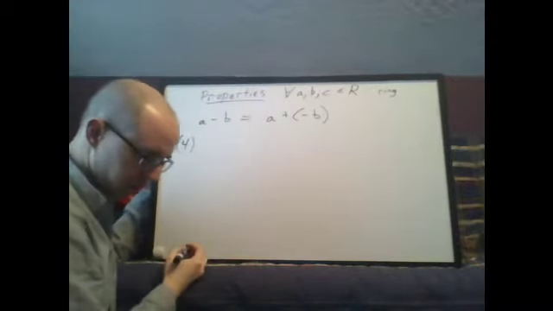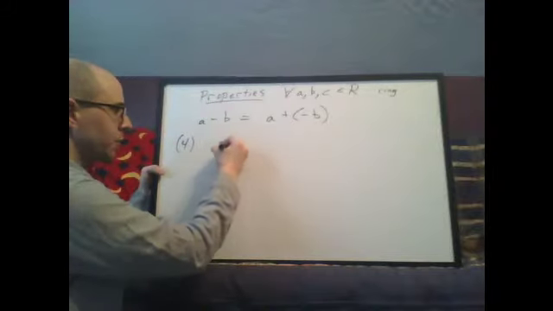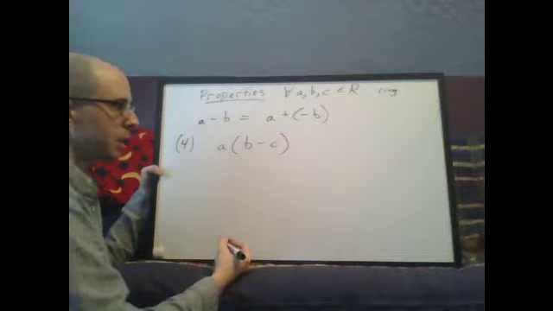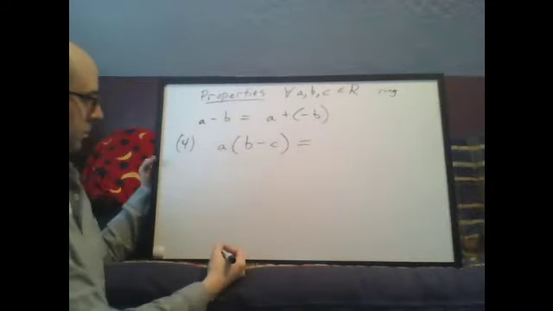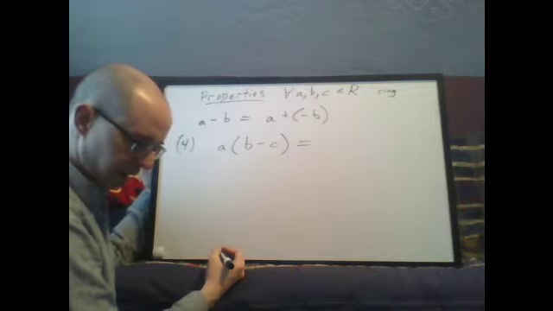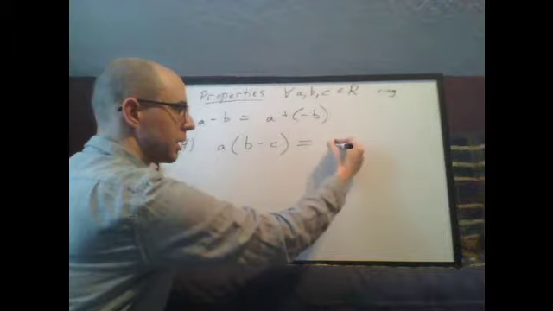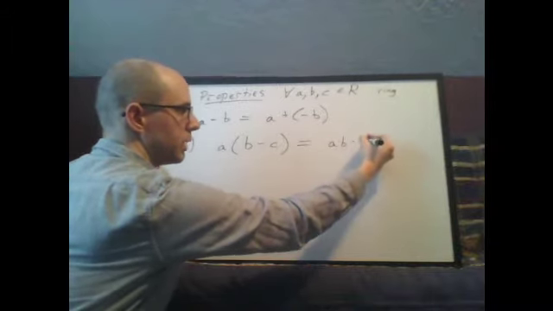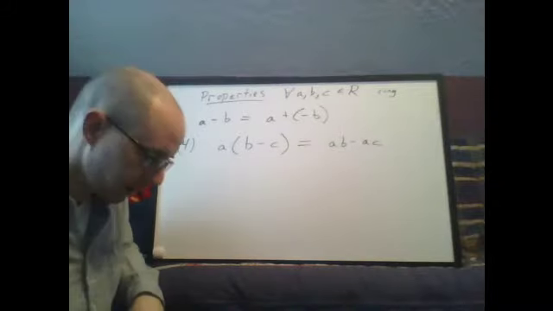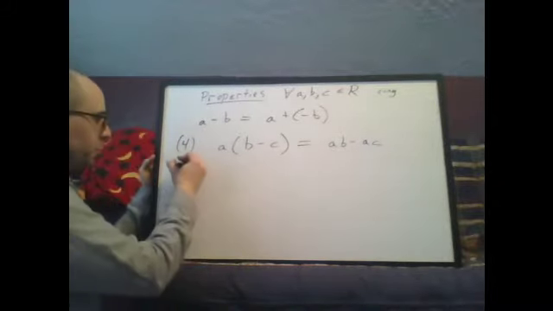But when we say stuff like that, we want to be careful about the relevant properties, and I want to focus on distribution. A times (B minus C) is the same thing as AB minus AC. And there's a similar one where the multiplication is on the right. All right, so let's prove this.